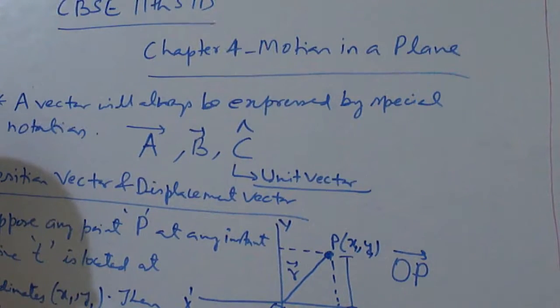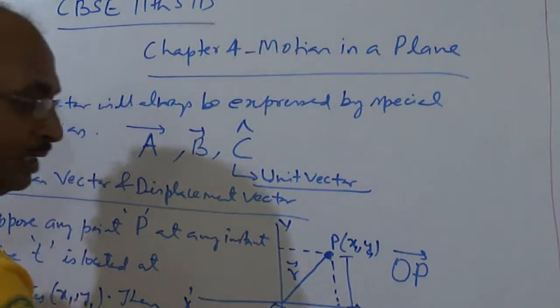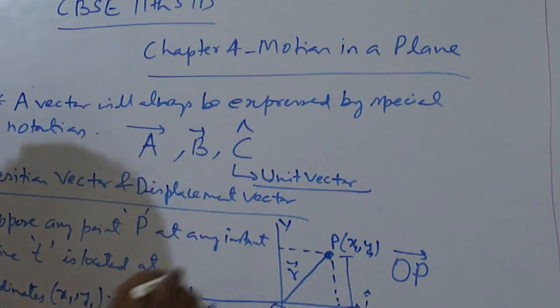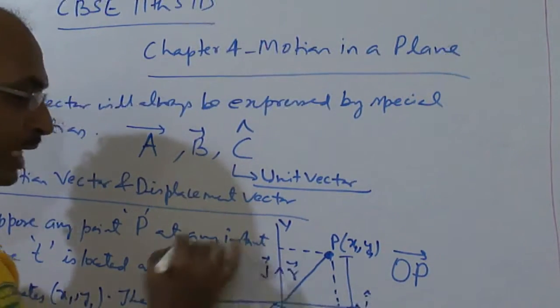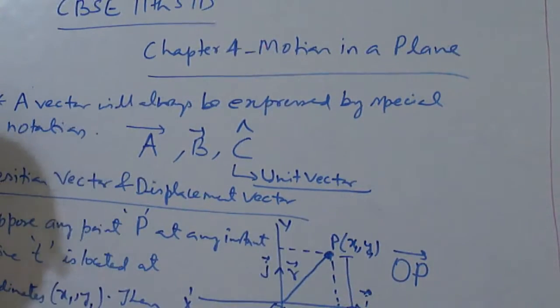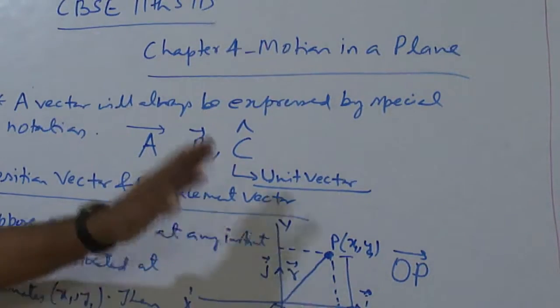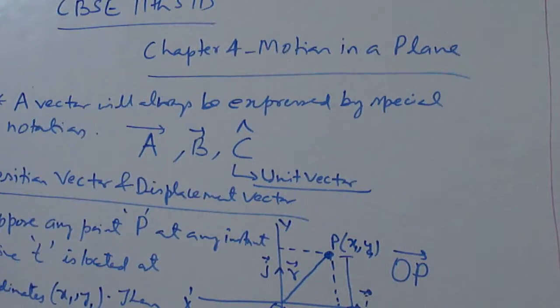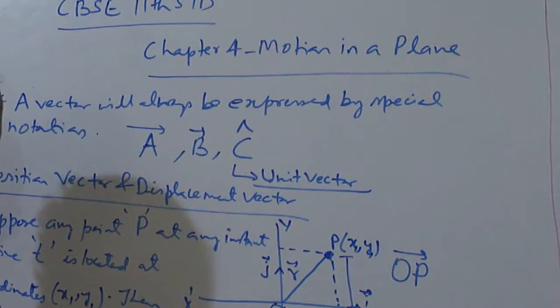And how will that OP be represented? The x coordinate is there, and on the x-axis you know that the unit vector i is there. You know about i, j, k. Along the x-axis it is the unit vector i, along the y-axis the unit vector j. So you can say OP is x1 i plus y1 j. If you go for a three-dimensional axis, one more will come here: k, so z1 k.